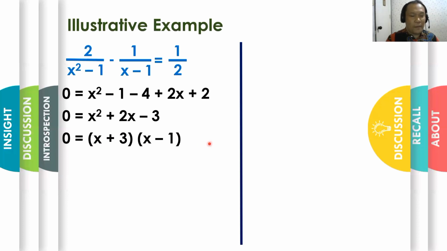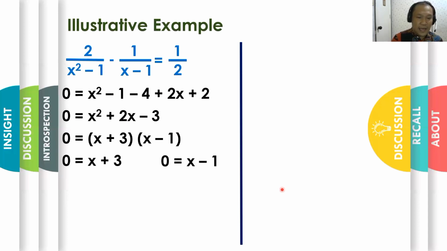Then we are going to apply now the zero property of equality so that we are able to find the value of the unknown quantity, which is the variable x. Okay, 0 is equal to x plus 3, and then we have 0 is equal to x minus 1. Next, we transpose positive 3 to the left side, making it negative 3 is equal to x.